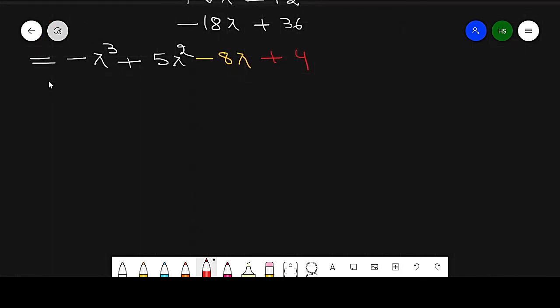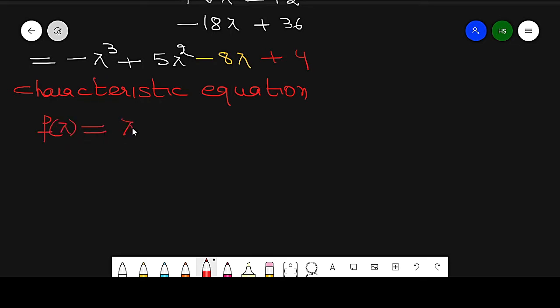If we multiply by minus 1, the characteristic equation f of lambda is lambda cube minus 5 lambda square plus 8 lambda minus 4.